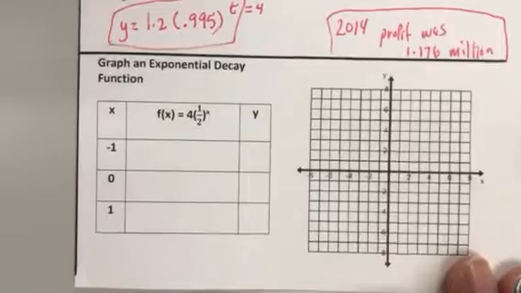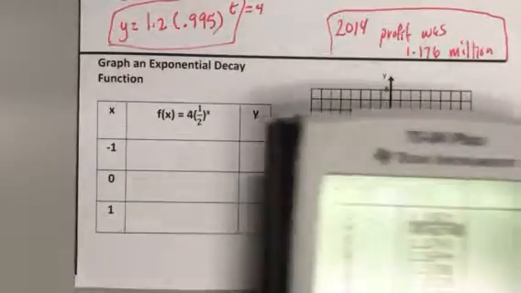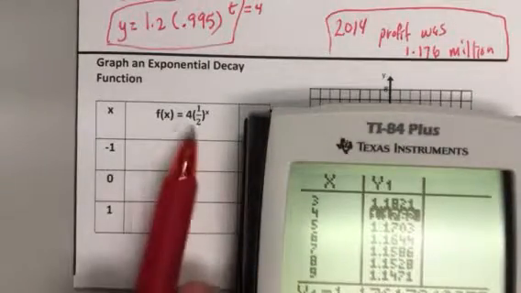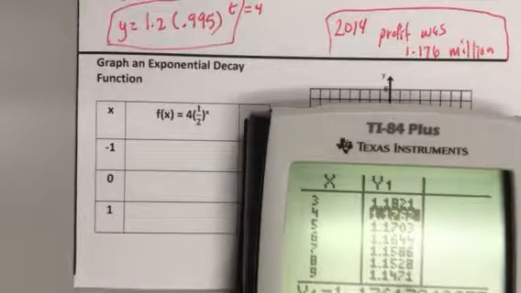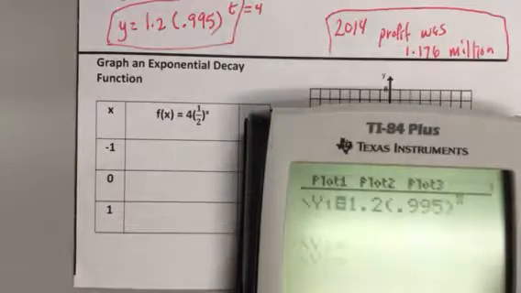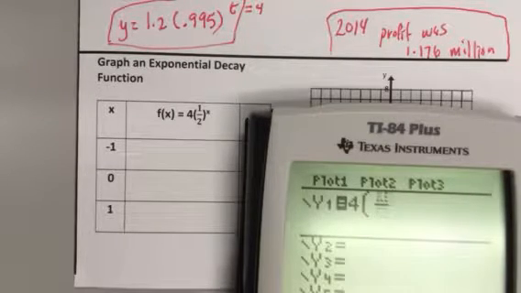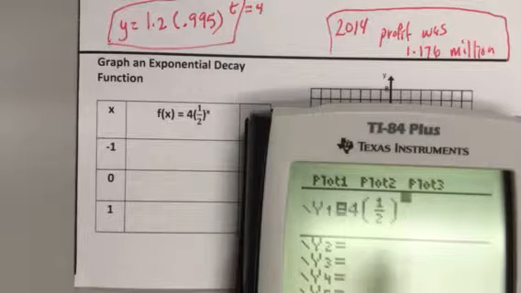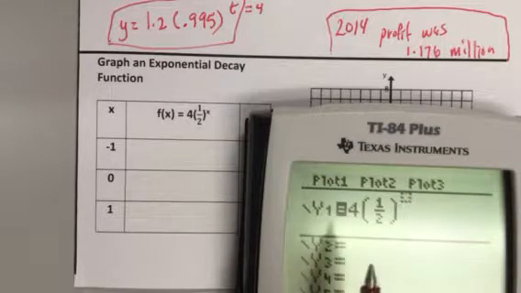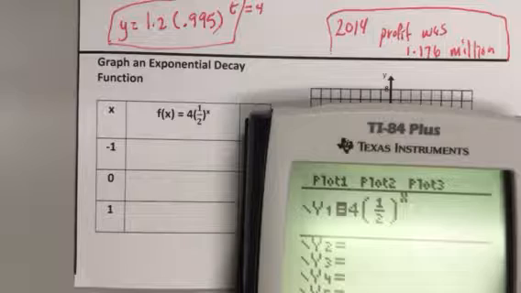Last problem. Again, if you look inside the parentheses, that's a number less than 1. A number less than 1 is going to tell you that it's a decay. A number greater than 1 tells you it's a growth. Okay, so I'm going to go to the table, second graph.